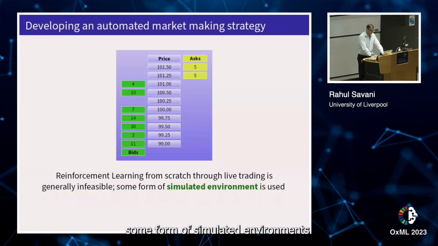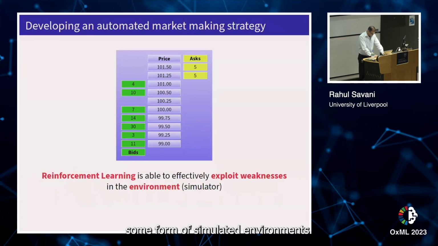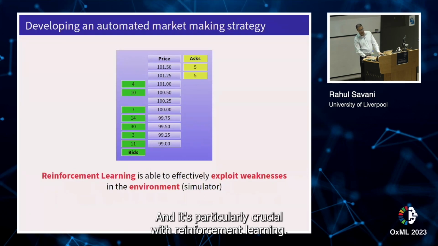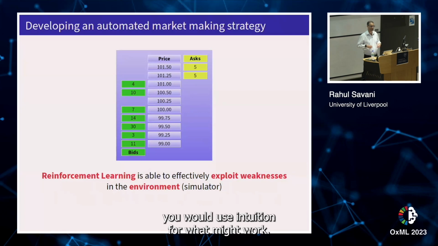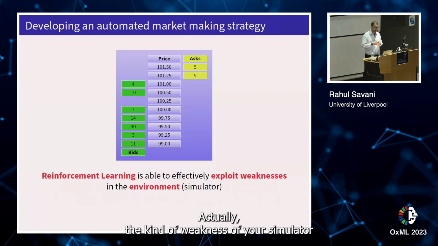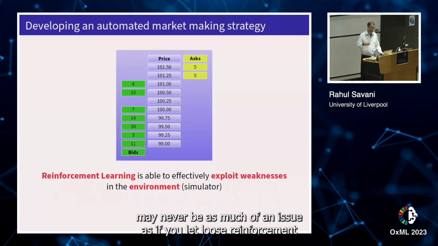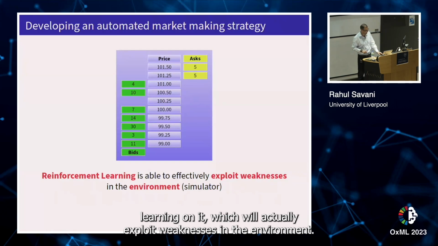So we need some form of simulated environment, and it's particularly crucial with reinforcement learning. If you were going to handcraft your market making strategy, you'd use intuition for what might work, and actually the weakness of your simulator may never be as much of an issue as if you let loose reinforcement learning on it, which will actually exploit weaknesses in the environment.